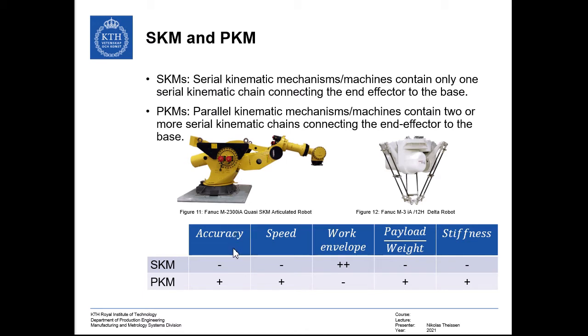On the lower side, you find a comparison of SKMs and PKMs in essential performance metrics, such as their accuracy, that is, how close they can position or orient an object with respect to the required position and orientation, how fast they can do that in terms of speed, which can either be velocity or acceleration, the work envelope which they provide, the payload that they are able to handle compared to their own weight, as well as the stiffness that they provide.